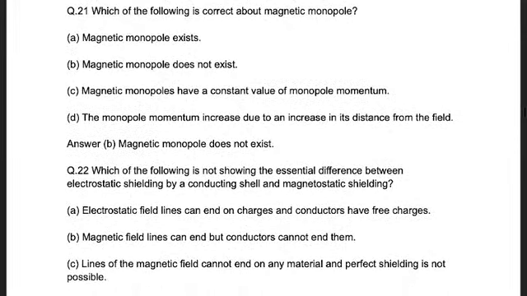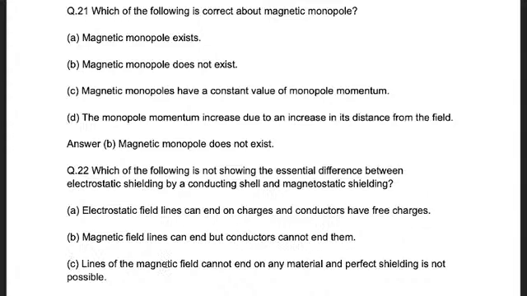Question number 22. Which of the following is not showing the essential difference between electrostatic shielding by a conducting shell and magnetostatic shielding? A. Electrostatic field lines can end on charges and conductors have free charges. B. Magnetic field lines can end but conductors cannot end them.